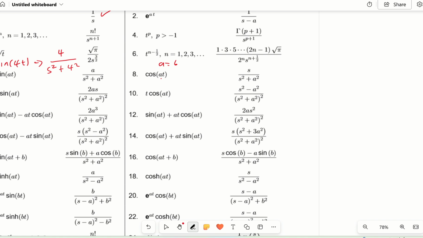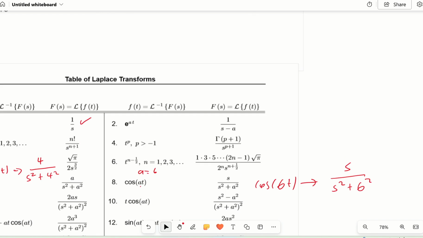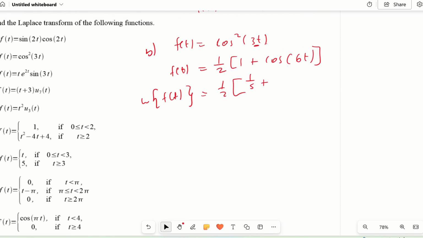So that means cos 6t is going to yield s over s squared plus 6 squared. So it's s all over s squared plus 6 squared. And this is your answer for B.